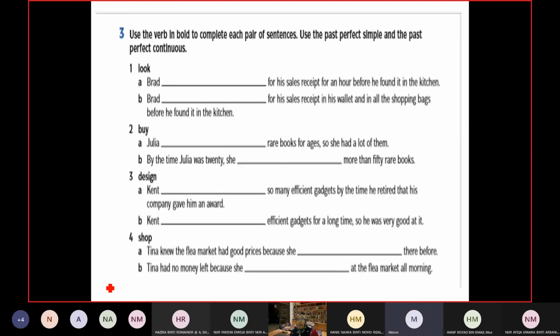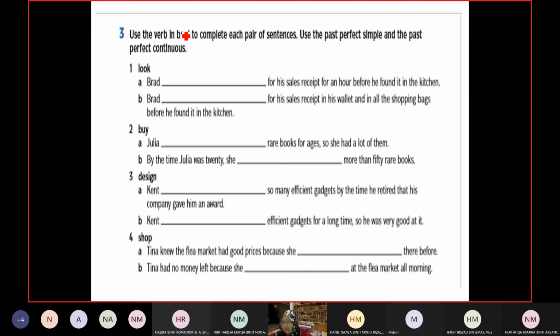Is it B. A or B? B. But then B dia tak stated berapa lama. It can be within 5 minutes. Okay. He looked for an hour. Alright. So Brad had the first one. Yes, good.